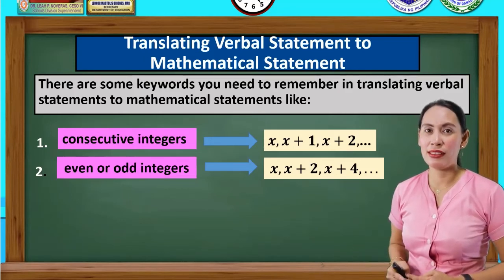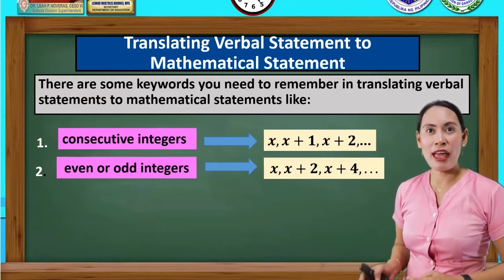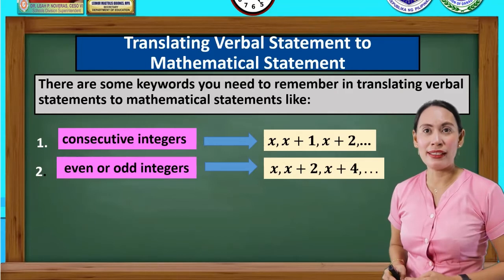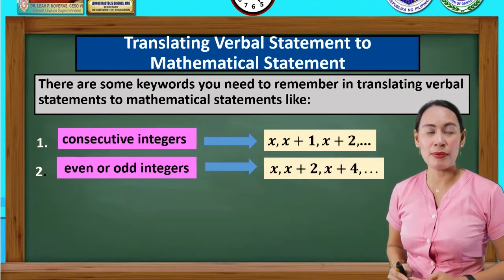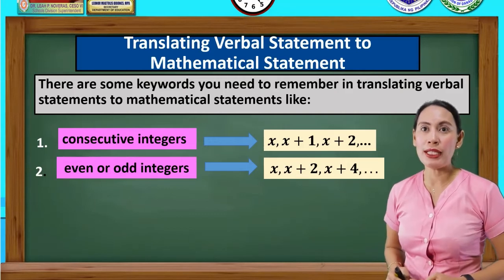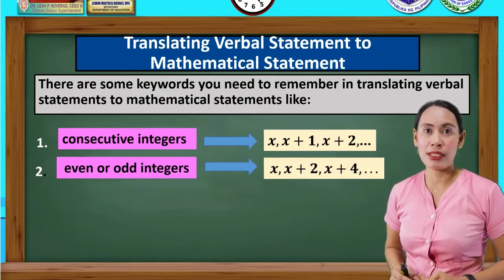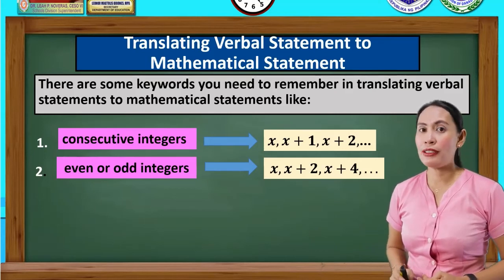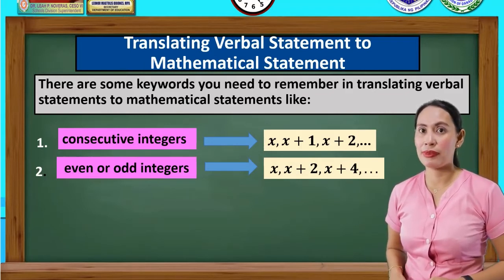It is also an odd number. We add 2 to 11 to get 13. And next to 13 is 15. From 11 to 15, we add 4 to 11 to get 15. Thus, 11, 13, and 15 are 3 consecutive odd numbers.